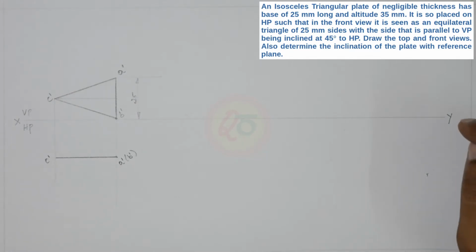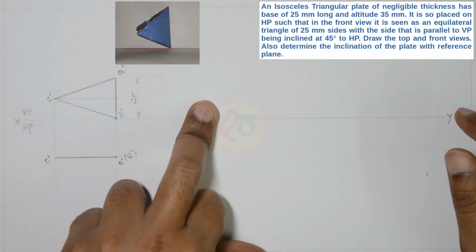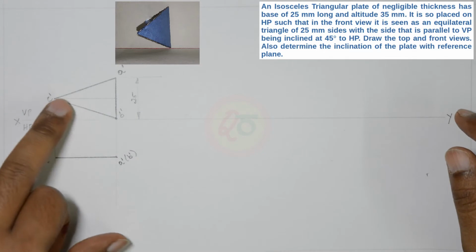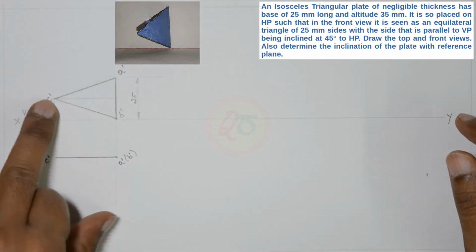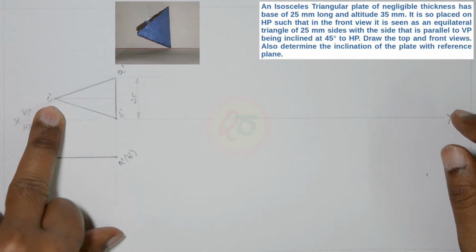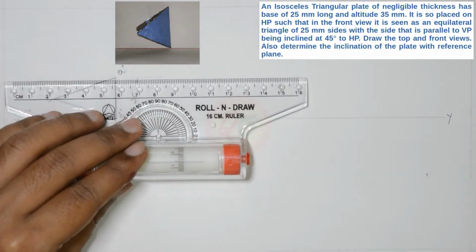In the second position, we need to proceed with the front view itself this time around, wherein we need to make the triangle equilateral by lifting the C dash. So we'll draw an equilateral triangle in the second position.